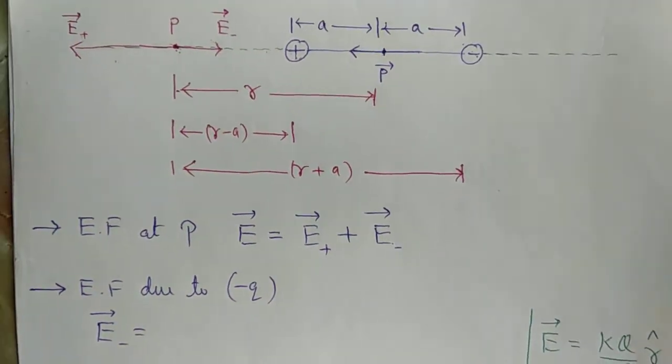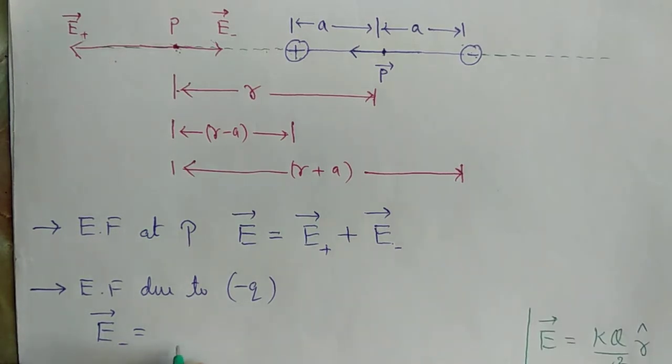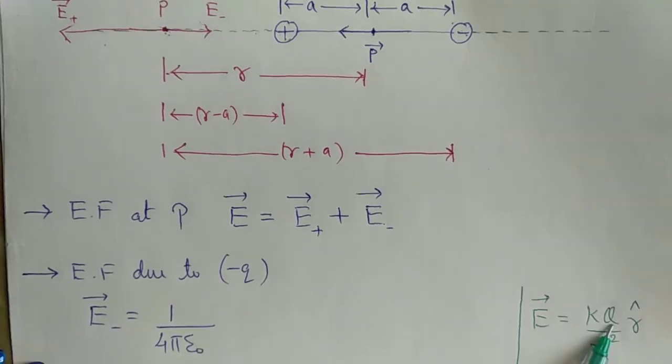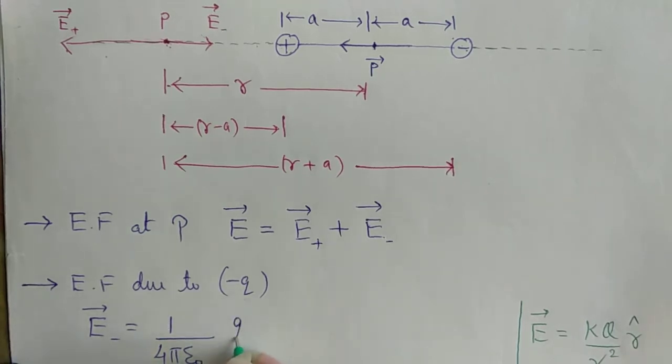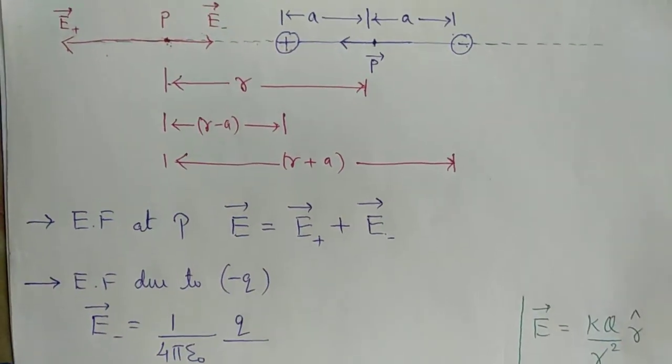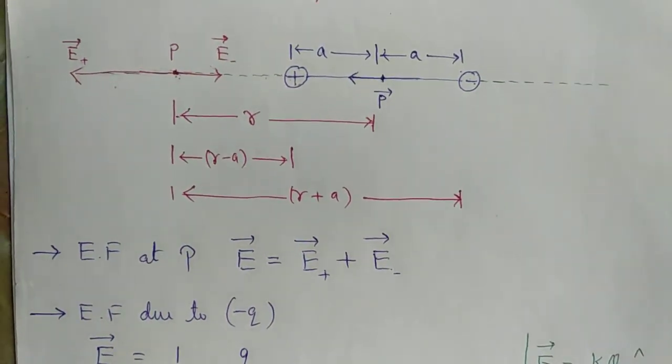So from the figure, the value of K is 1 upon 4 pi epsilon naught. We were calculating electric field due to the negative charge, so my source charge will be Q upon r square. r square is the distance of the source charge from the point where we need to calculate electric field.